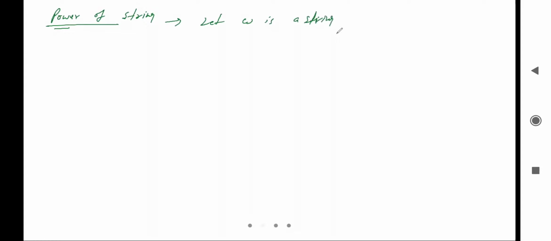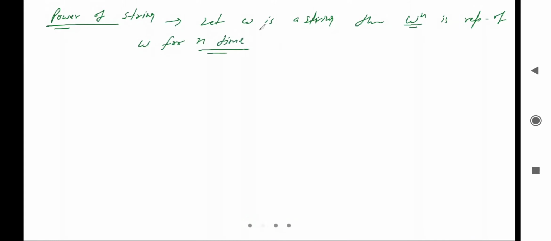Let w be a string. Then w power n is the repetition of w, repetition of w for n times.